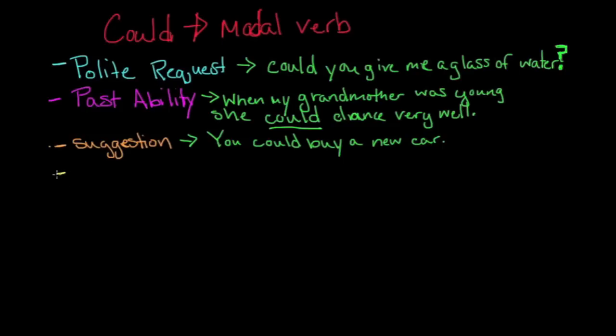The next one is conditional. Most of my students will use would with a conditional, but you can also use could with your conditionals. Let me give you an example.